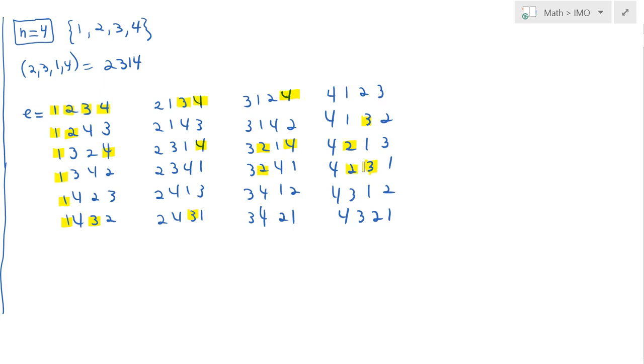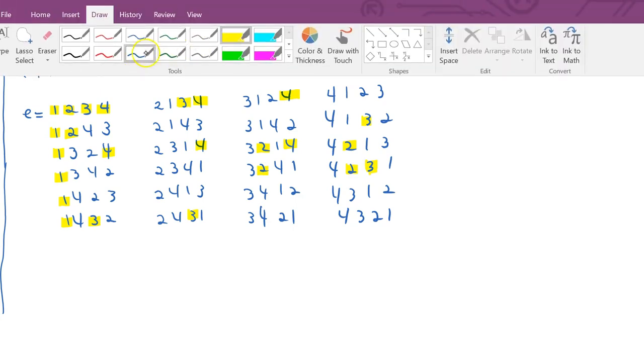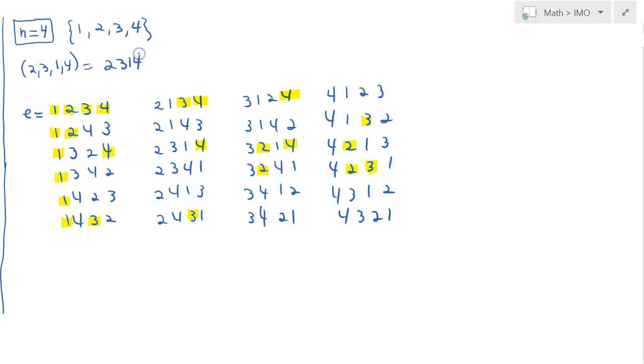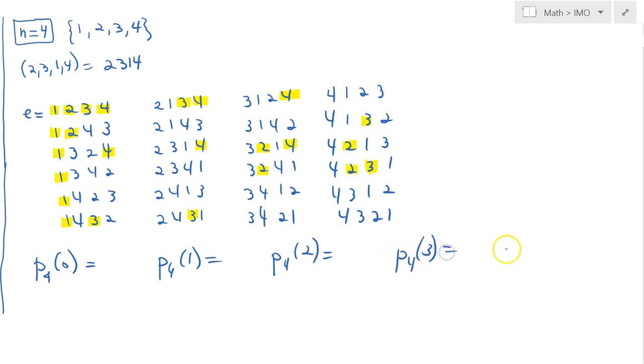Okay, so now let's make the count based on our definition. Let's start with p sub 4 of 0 and so on: p sub 4 of 1, p sub 4 of 2, p sub 4 of 3, and finally p sub 4 of 4. We can first do the simple ones.